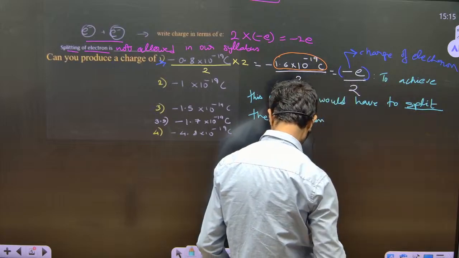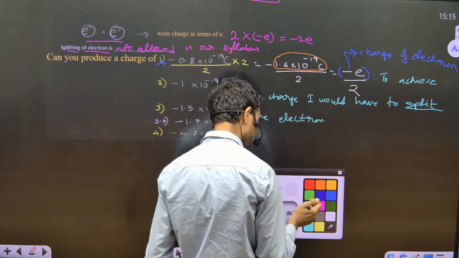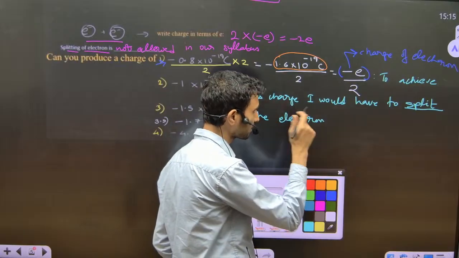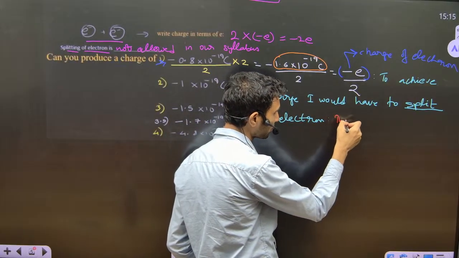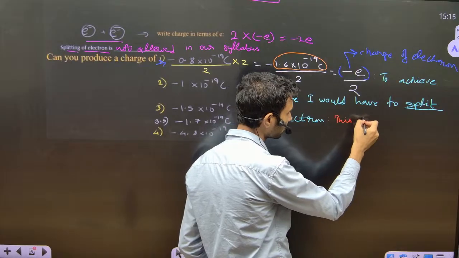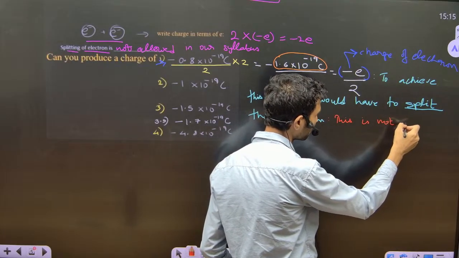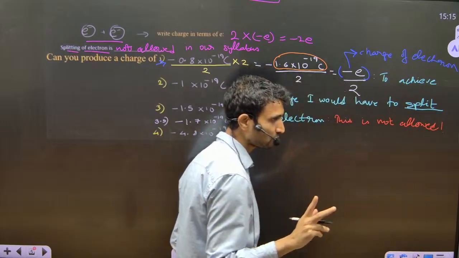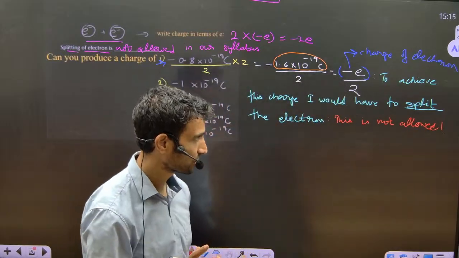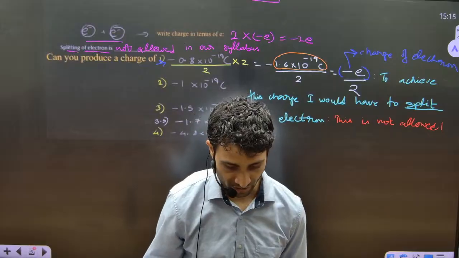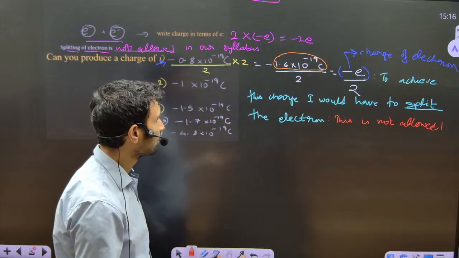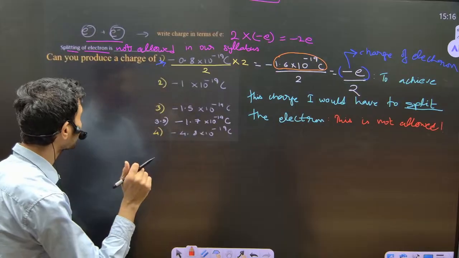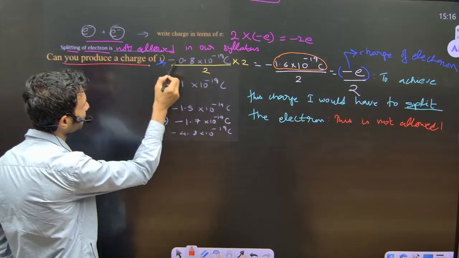And is splitting allowed, kids? What did I tell you in the beginning? Splitting is not allowed, right? Not in classical mechanics. So we're not going to split the electron. We're not going to split the protons either. So coming back to the original question, can you produce this first charge?